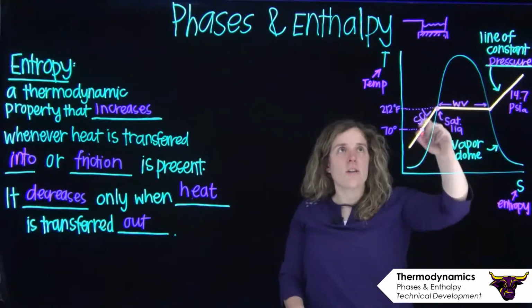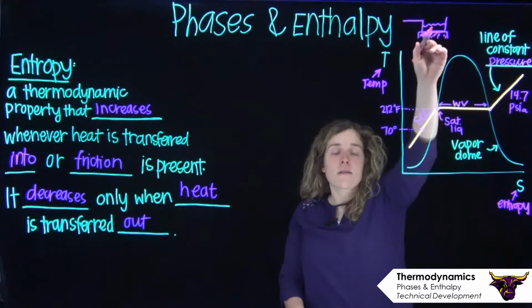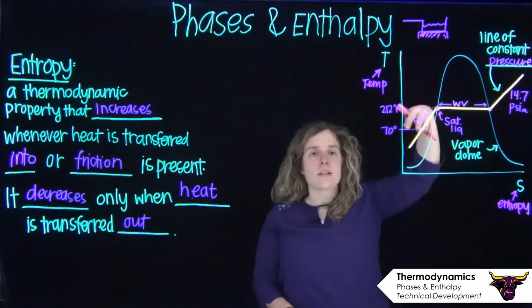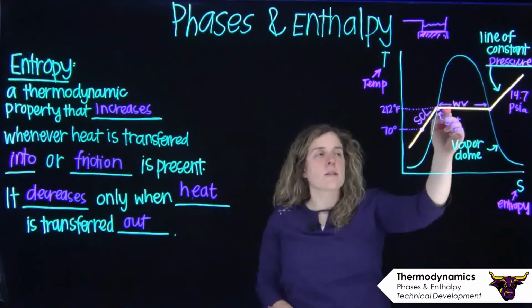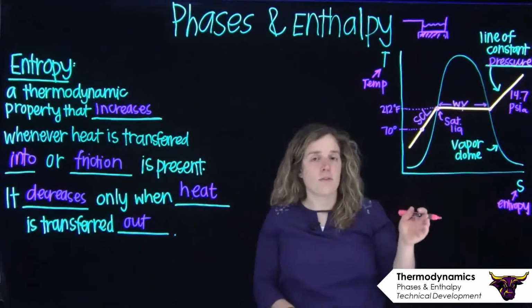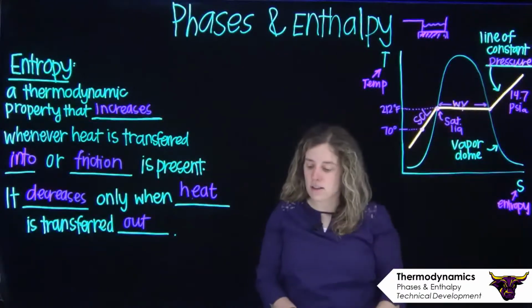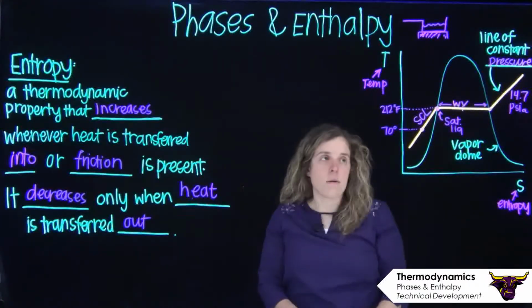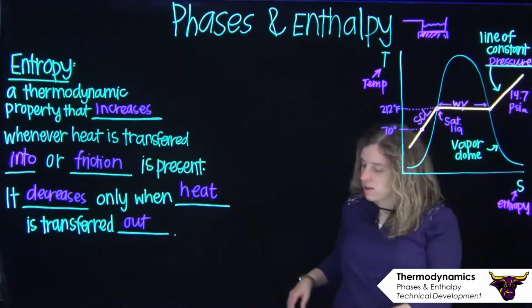The energy from this heat is going into breaking bonds instead of raising the temperature. Say right here, we'll be at 50% liquid, 50% vapor. So where we are across that line depends on what portion is vapor versus what portion is liquid.